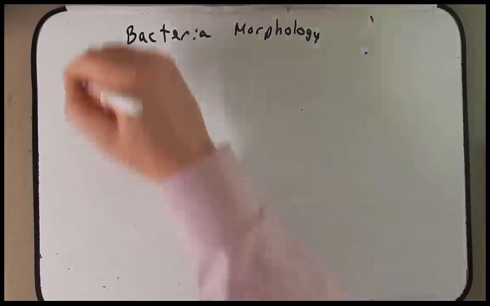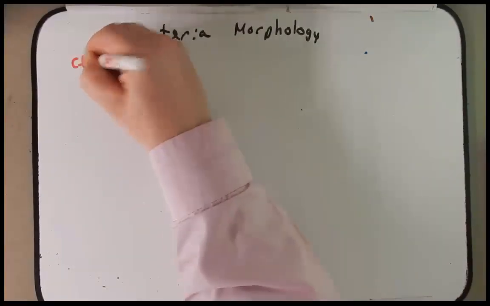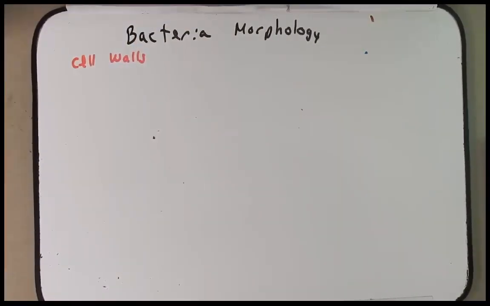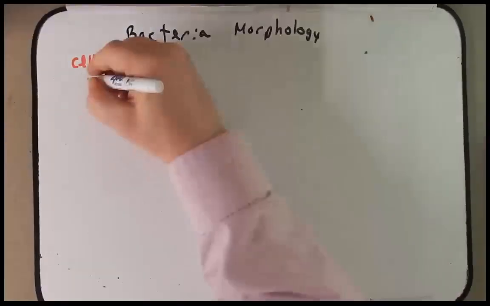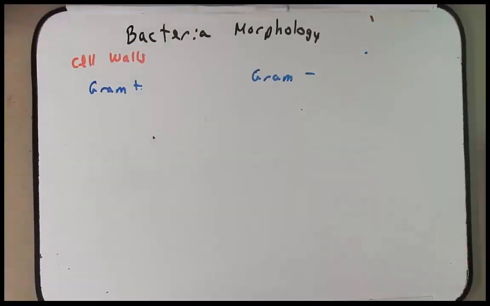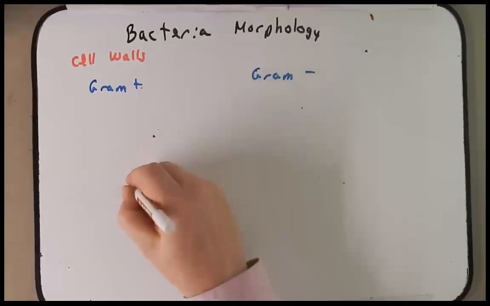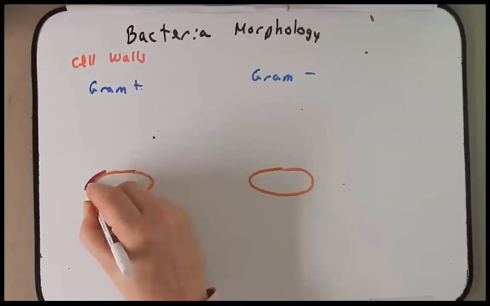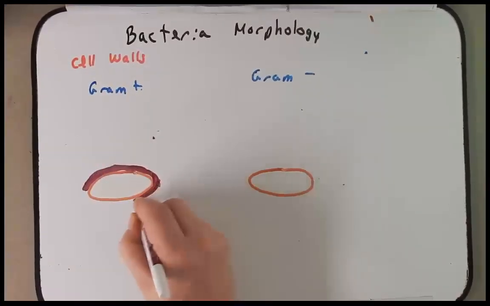Okay, next I want to talk about bacterial cell walls. Now we've already talked about these to some extent when we talked about gram-positive and gram-negative bacterium. But let's add a little bit to that. So let's draw the bacterium. And remember that gram-positive bacterium have a very thick polysaccharide around them.